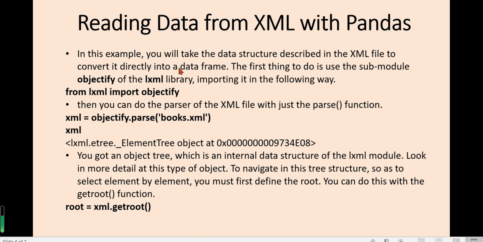In this example, you will take the data structure described in the XML file and convert it directly into a data frame. The first thing to do is use the submodule objectify of the lxml library. First we have to import it: from lxml import objectify.